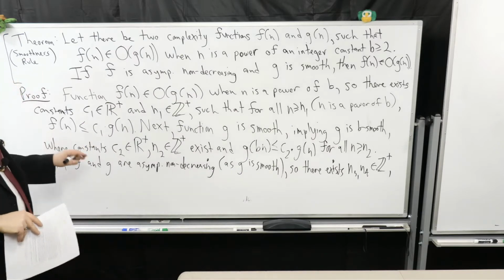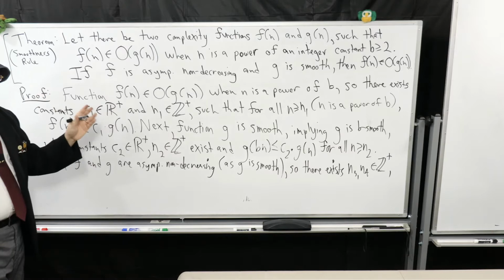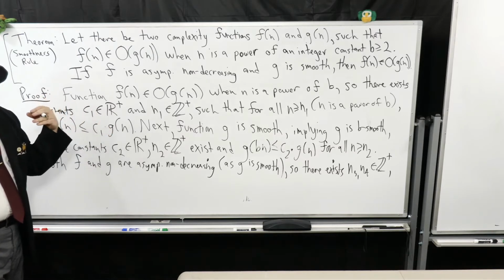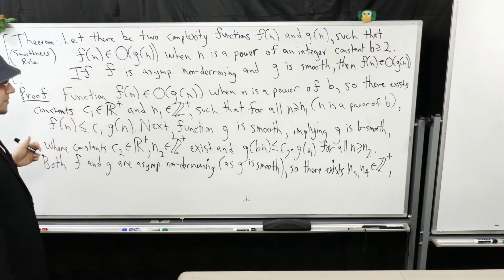Remember, in asymptotically non-decreasing, that means there exists a constant such that f of n is less than or equal to f of n plus 1, if I was talking about function f.